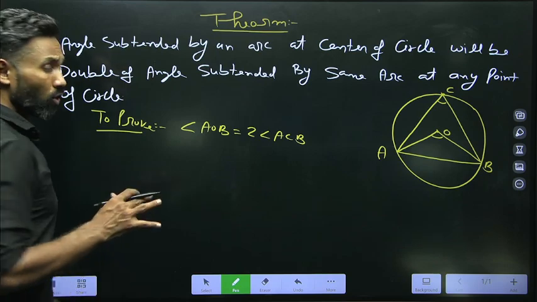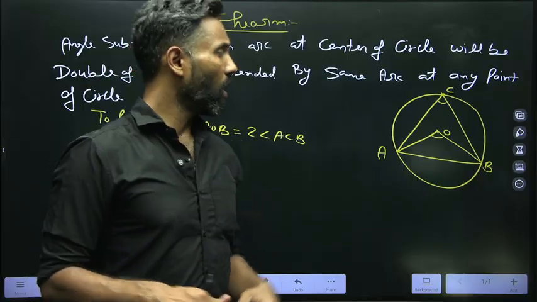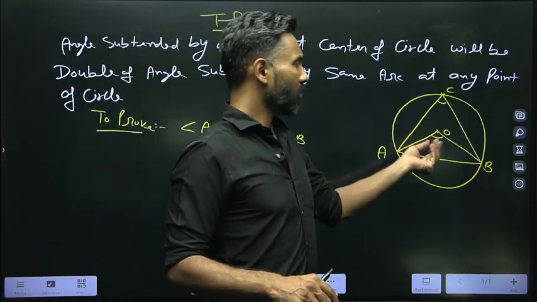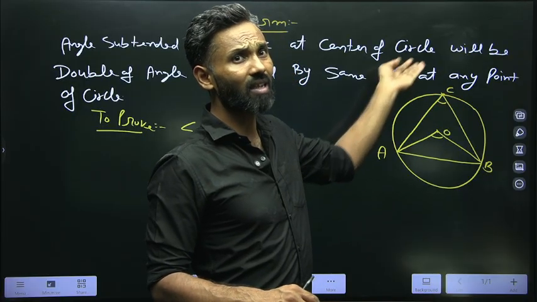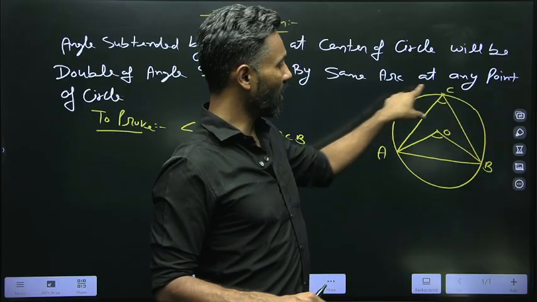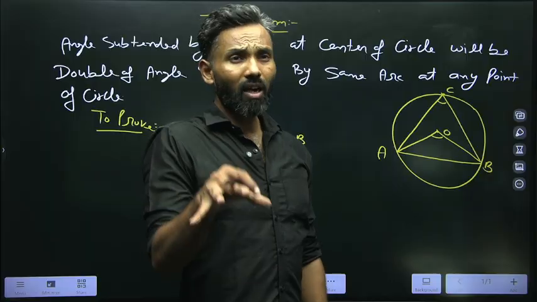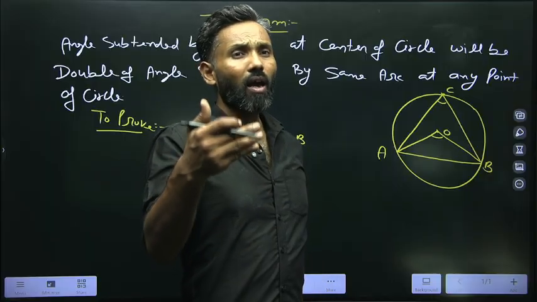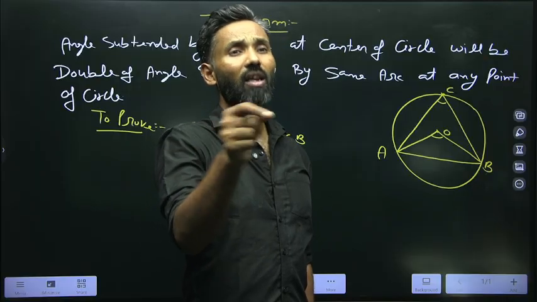But we are going to have three different cases to prove this theorem. Case 1 is when the angle is subtended in the major segment at the circumference. You can see here point C is in the major segment. The second case will be when the angle is subtended at any point situated in the minor segment.